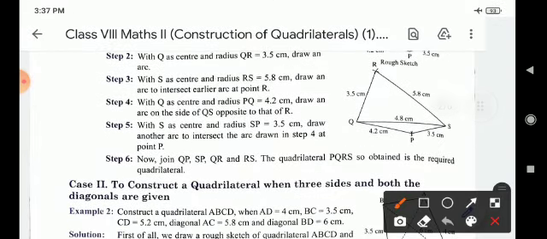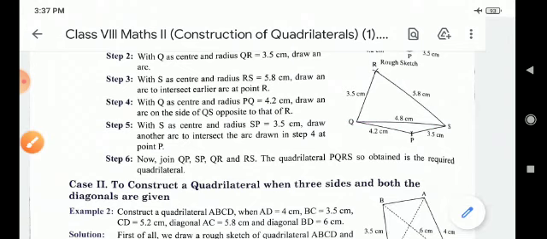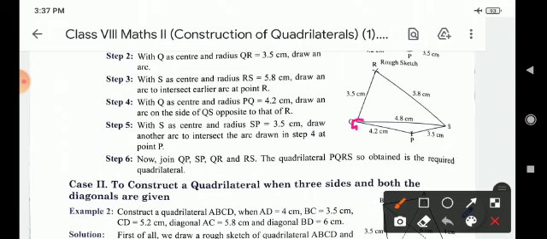Children, first draw a line segment QS. Step number 1, draw a line segment QS equal to 4.8 centimeters. Step 2, with Q as center and radius QR 3.5 centimeters, draw an arc with the help of compass and ruler.